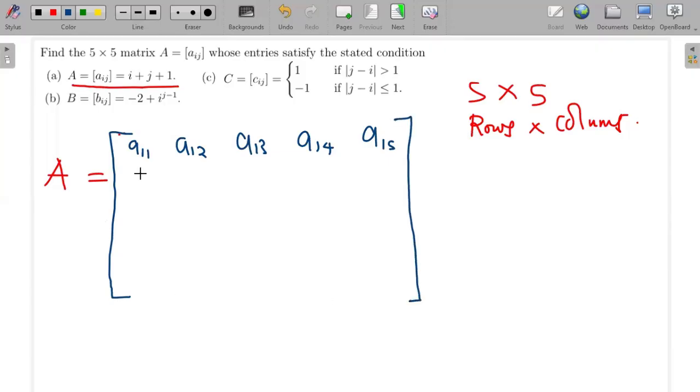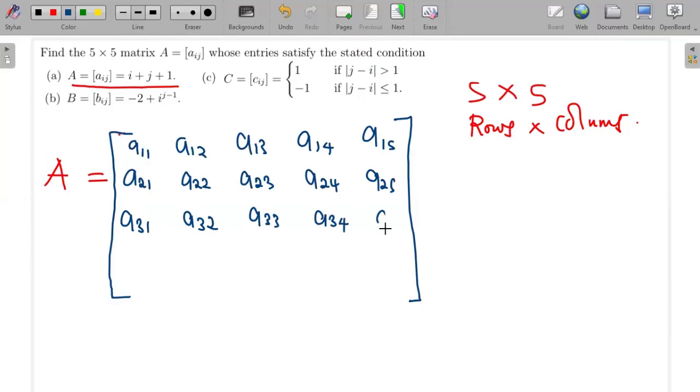Then I go to the second row, so it will be A21, A22, A23, A24, and then A25. Third row, it will be A31, A32, A33, A34, A35.